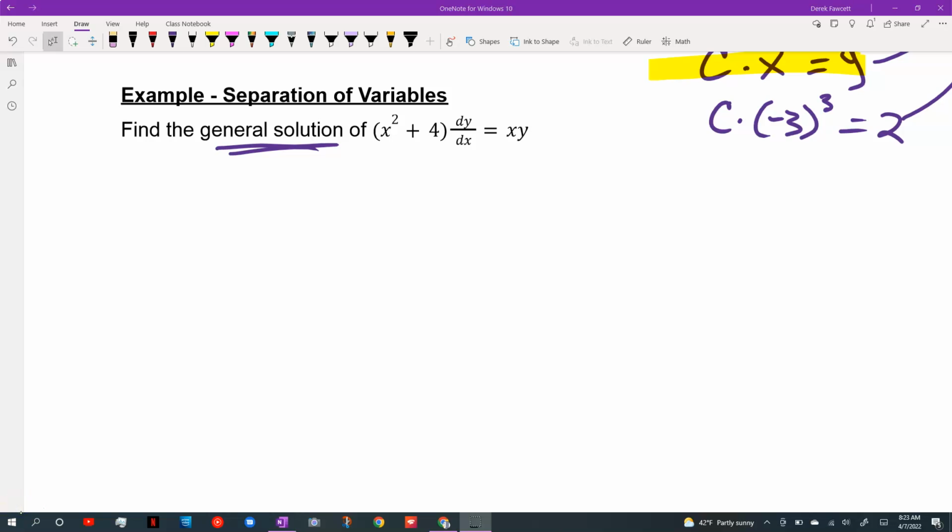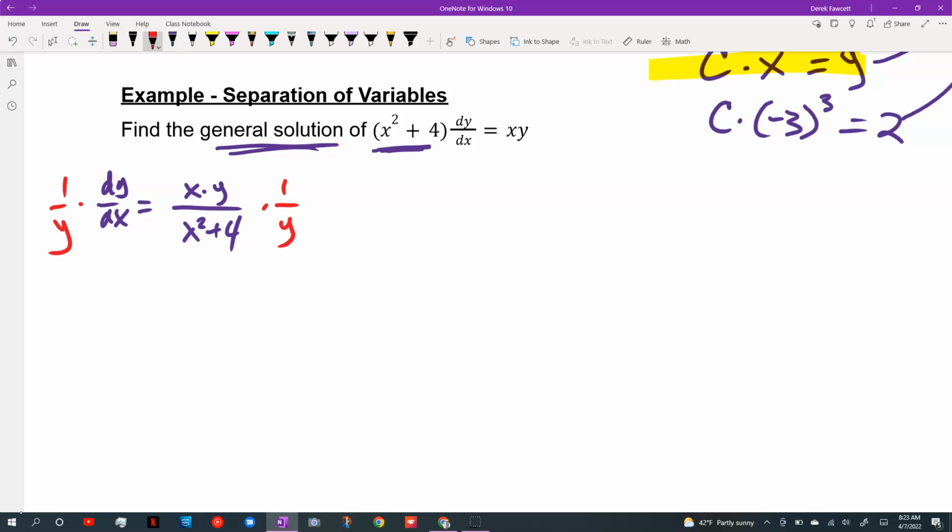Just to get started, I'm going to divide out that x squared plus 4, so you would have dy dx is equal to x times y all over x squared plus 4. Then the next thing I'm going to do is divide out a y. So I'm going to multiply both sides by 1 over y, and those y's will cancel on one side.